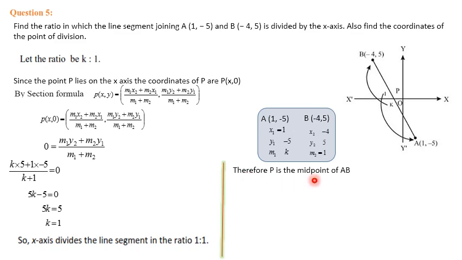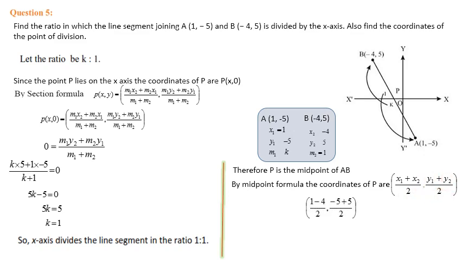Therefore, P is the midpoint of AB. P is dividing the line segment equally. 1 is to 1 ratio means P is the midpoint of AB. So by using the midpoint formula, (x1 + x2)/2 is the x coordinate, (y1 + y2)/2 is the y coordinate of P. Substitute it: x1 is 1, x2 is minus 4, so (1 - 4)/2; y1 is minus 5, y2 is 5, that is (-5 + 5)/2.